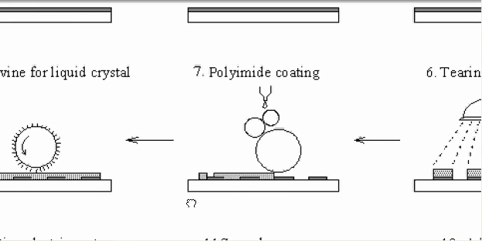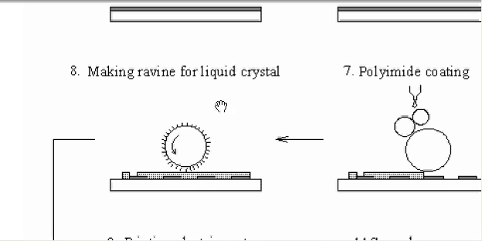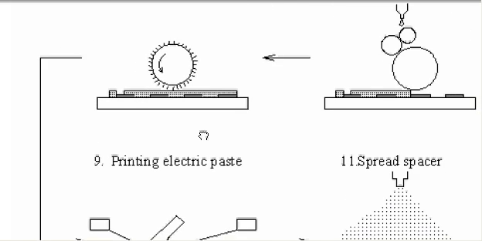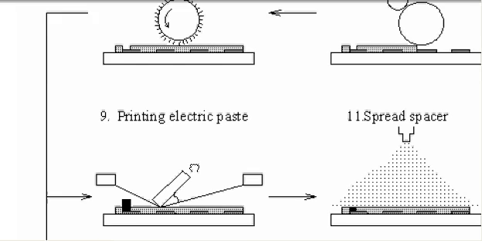First we coat it with polyimide, and then we rub it with fiber. In that case, it can have some traces on the polyimide, so the liquid crystal molecules can lay in the traces, which makes the liquid crystal molecular orientation.